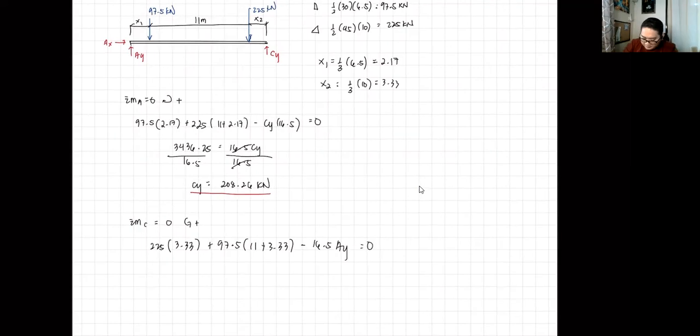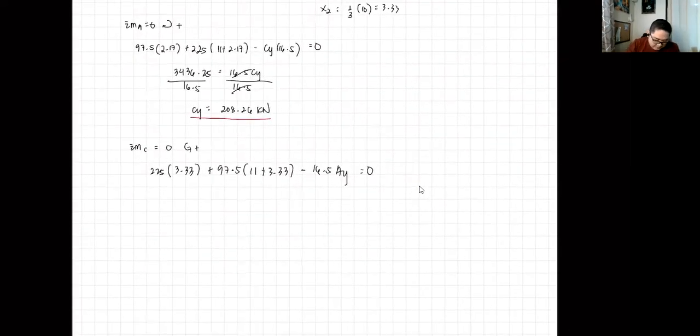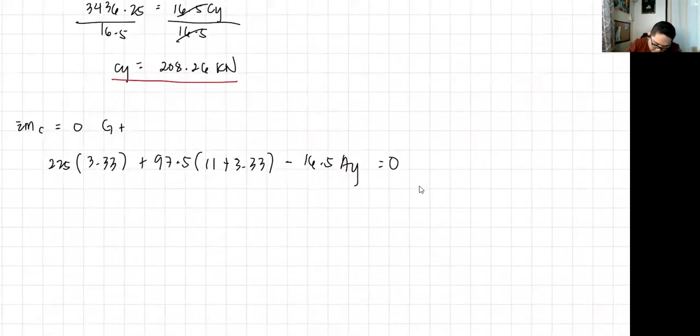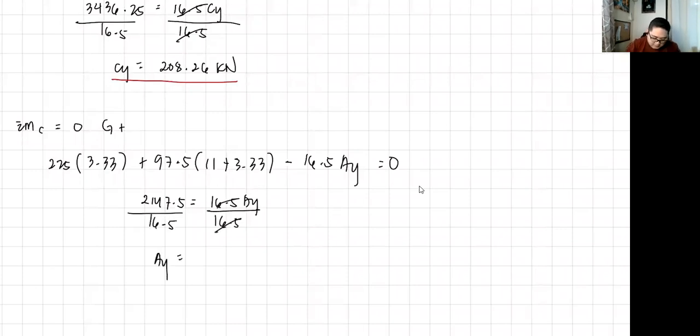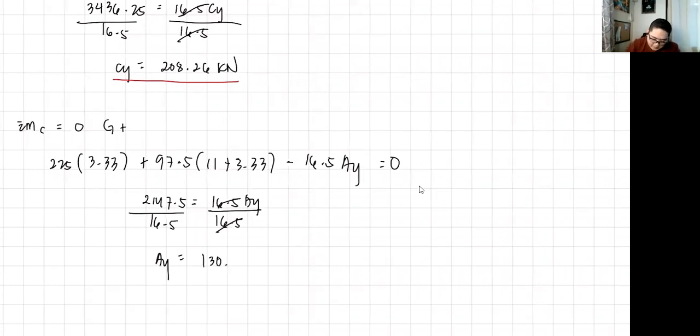Calculating this, we have 225 times 10 over 3 plus 97.5 times 11 plus 10 over 3, so we have 2147.5. Then transpose AY to the other side and divide both sides by 16.5. We have AY equals 130.152 kilonewton.